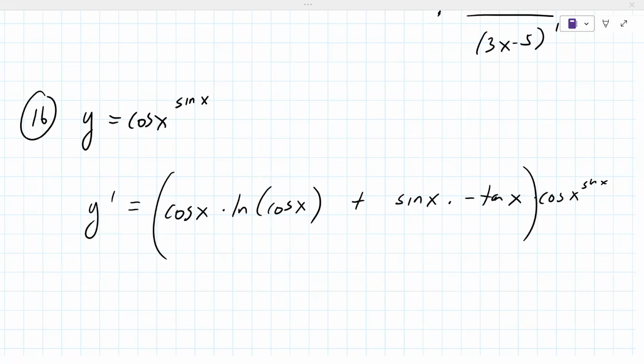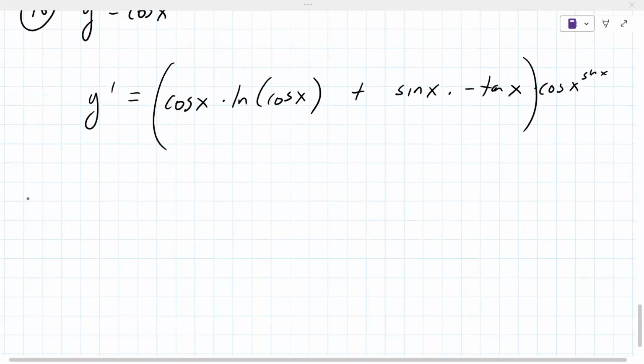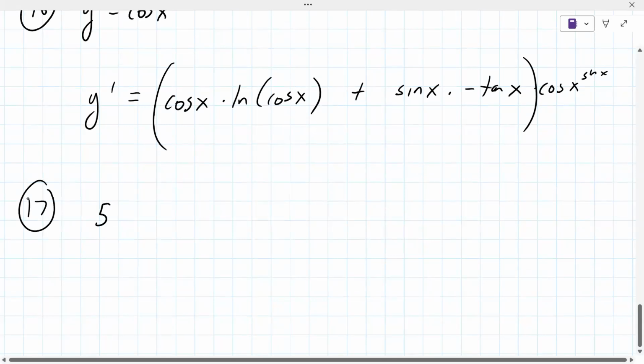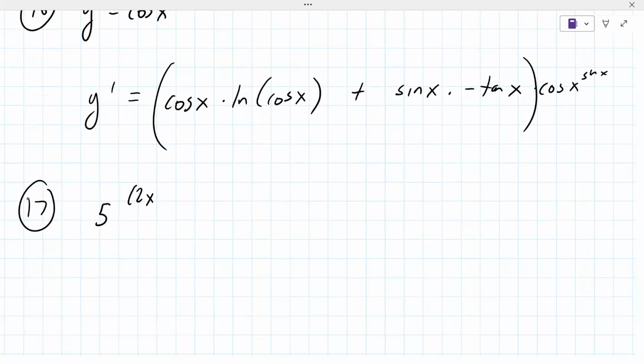All right, so next problem. 17. This is a chain rule problem. I would probably rewrite it like this. 2x. I think that's a squared inside there.